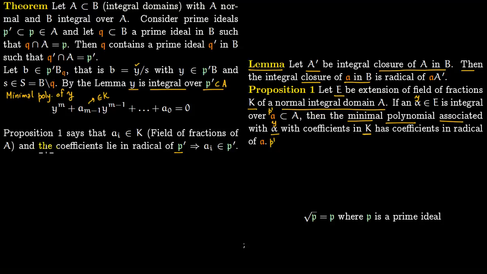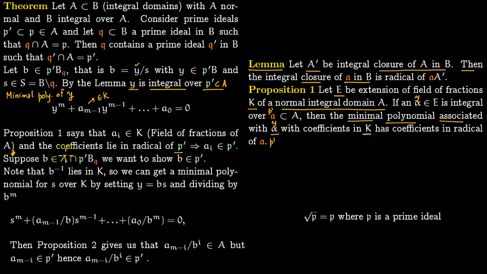Now we come to the main result which we want to prove. Suppose b lies in A intersection P prime B_Q, so that you can contract it back to an element b. Then we want to show that b also lies in P prime. Note that b inverse lies in K, so that we can get a minimal polynomial for s over K by setting y equal to bs.